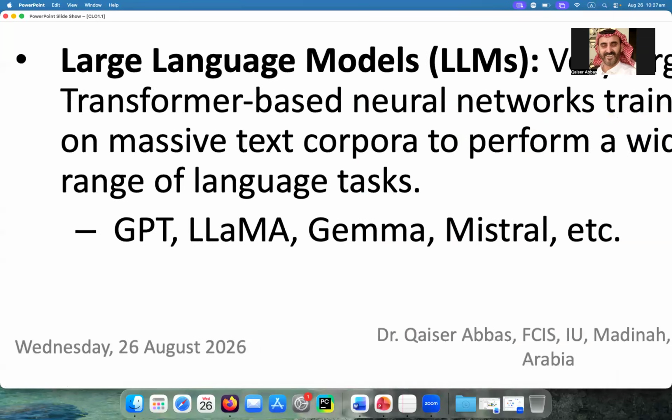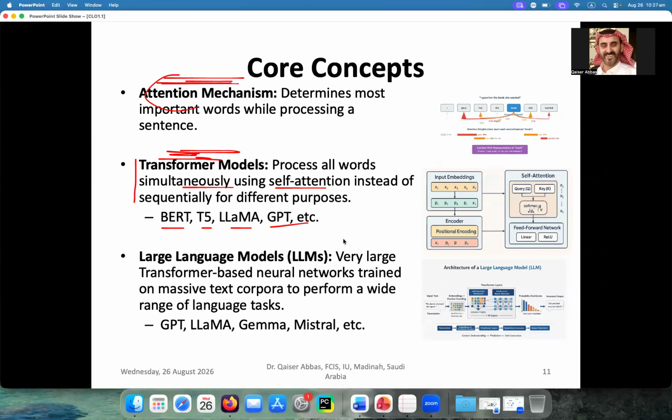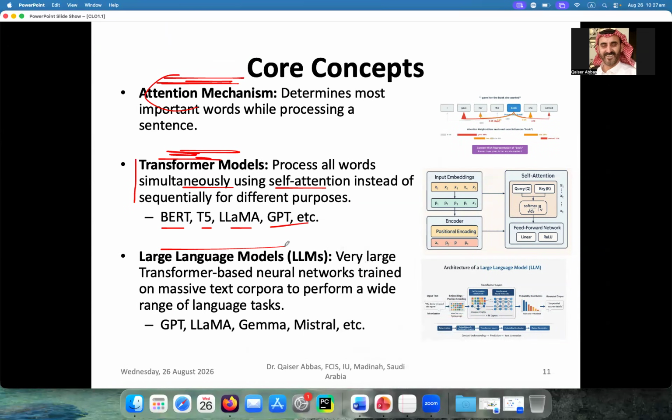And now large language models, because these are the models which are using the transformer component in them. Transformer is a bigger component than your previous attention component. So large language models are basically transformer models.